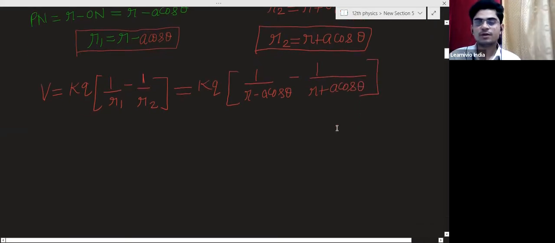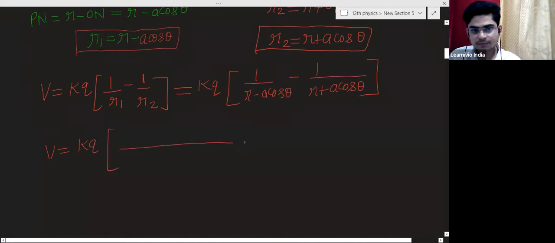Now, if I leave the derivation here, you can also do it because you know these things. So here we will take the LCM. The multiplication of these two will be the LCM: R minus A cos theta, R plus A cos theta.